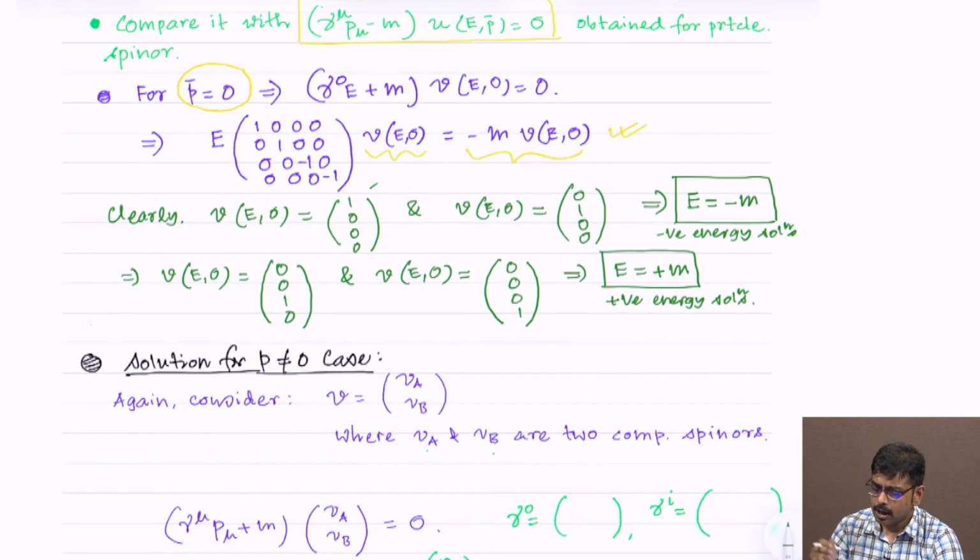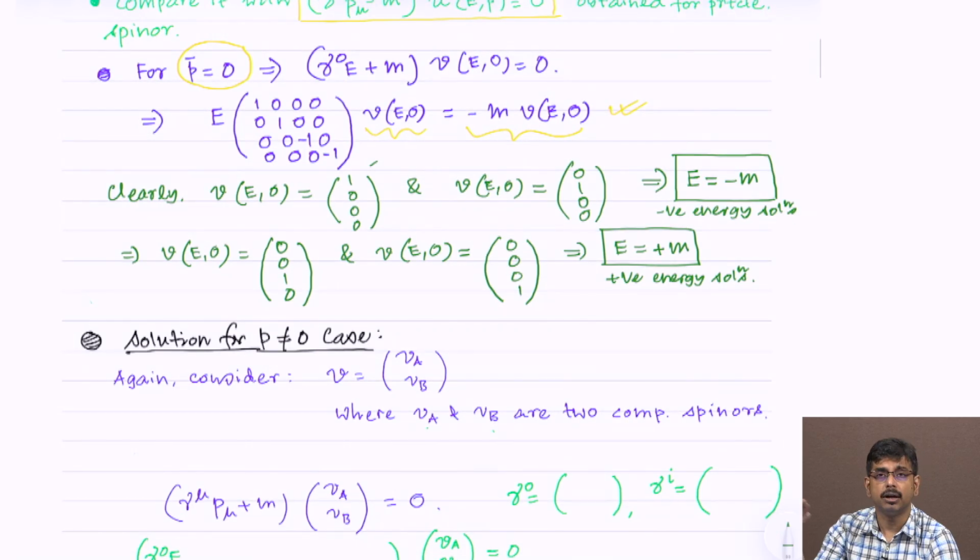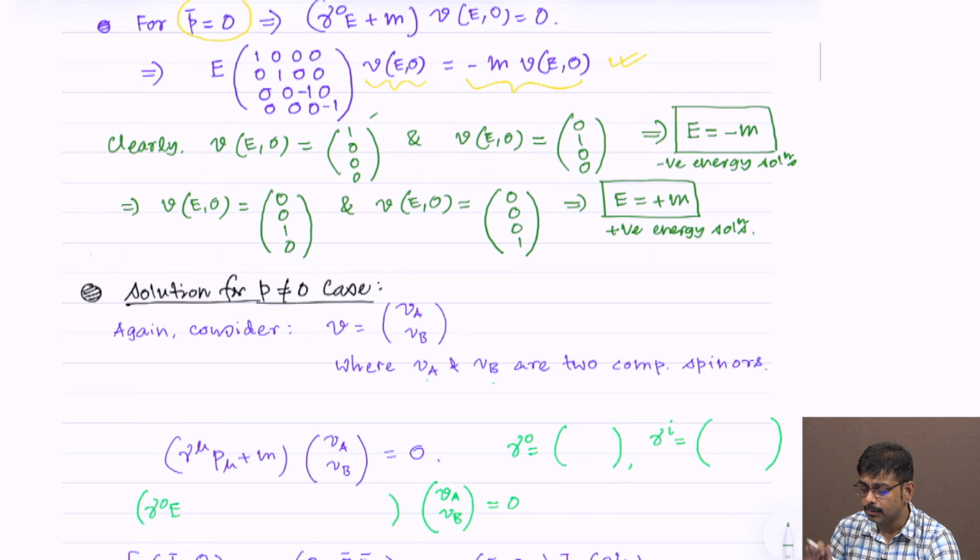But remember that the way the eigenstates behave has changed. This (1 0 0 0) and (0 1 0 0) are giving me negative energy antiparticle solutions, and (0 0 1 0) and (0 0 0 1) are giving me positive energy antiparticle solutions.